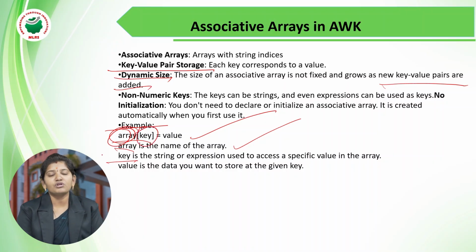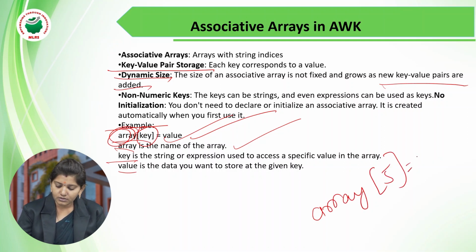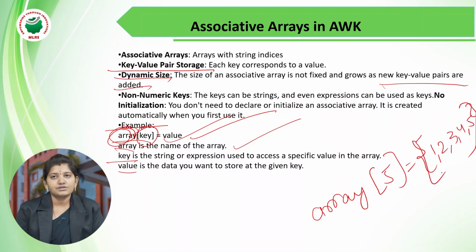That means how many values, words, or terms we are going to store in the array. And value is used to store the given value. For example, array[5] = 1, 2, 3, 4, 5. This is how associative arrays look.